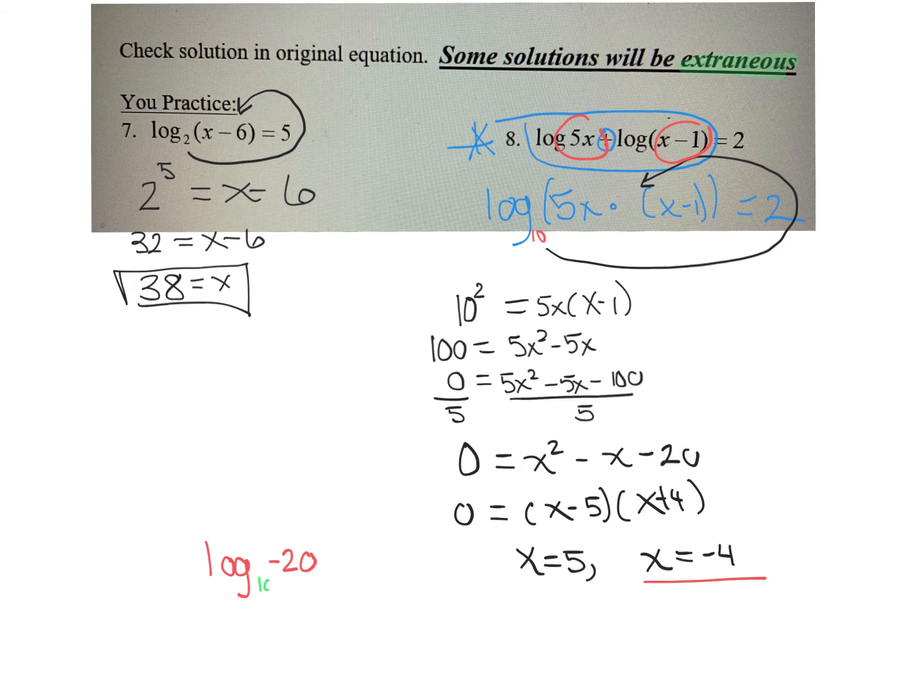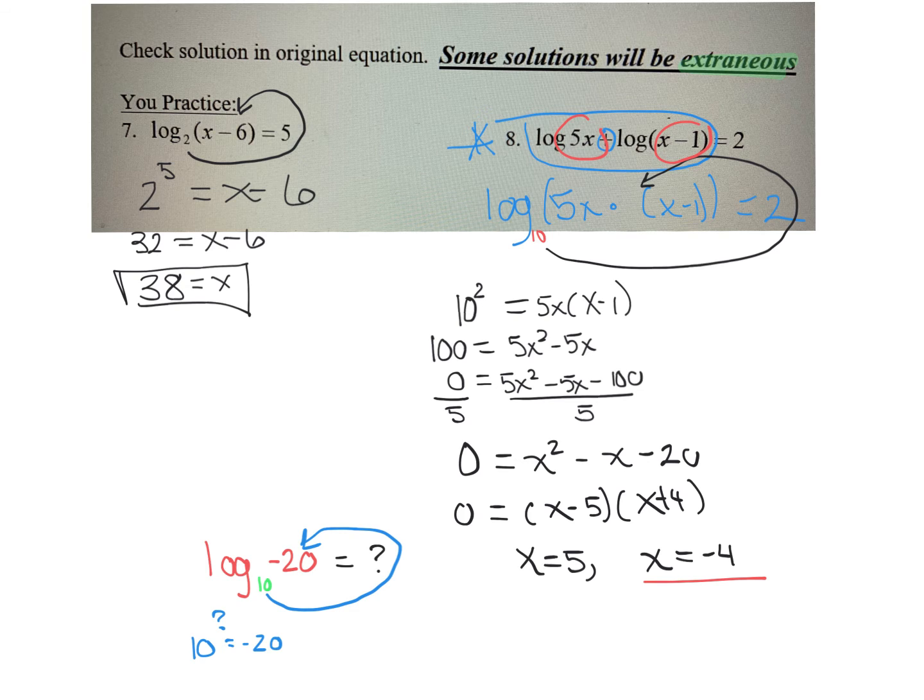This is log base 10, and it equals question mark. Now if I solve this like this, what this is saying is 10 to some power equals a negative 20. That's not possible. There is no power that I can place on a 10 that will change it from becoming a positive to a negative.